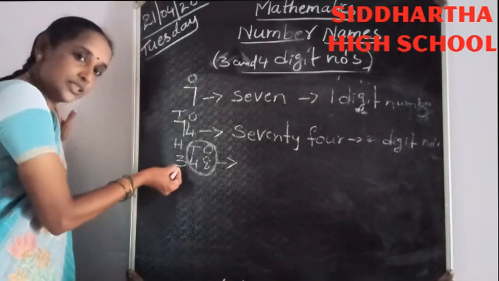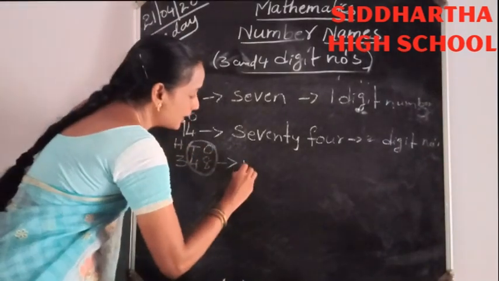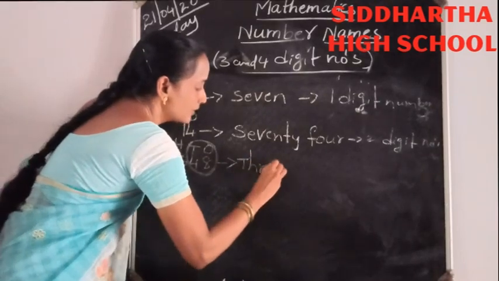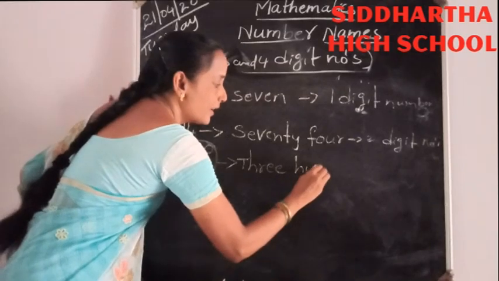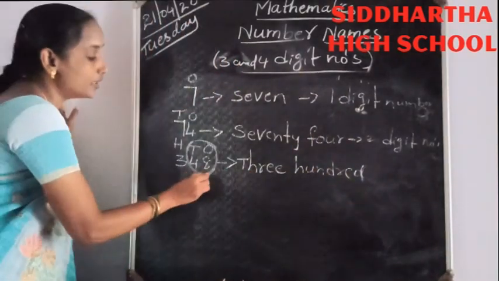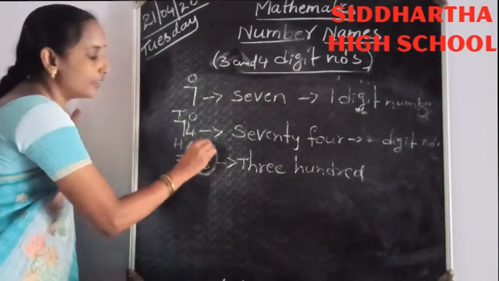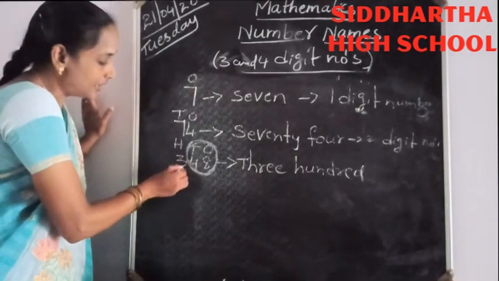Now this is the 3. 3 in which place? 3 in hundreds place. So 300. To read this number combinedly, 300 and 48. This is the 300.